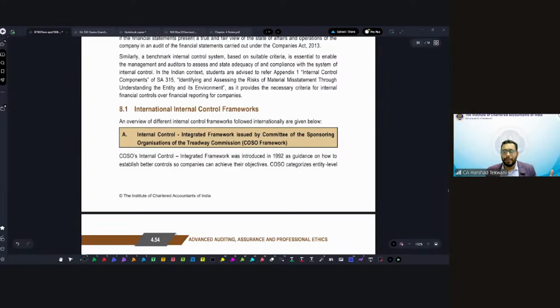It will never comment upon what is not required in an internal control. So this kind of conflicting situation cannot be there in the frameworks. Am I clear? Any further doubt?